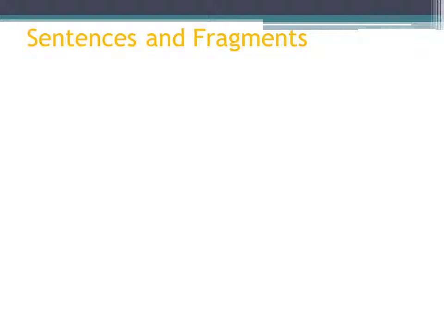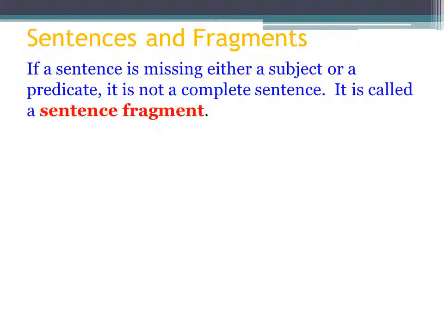So we said a few moments ago that in order for a sentence to be a sentence, it must consist of both a predicate and a subject. If it doesn't have both of those things, then what do you have? Well, if a sentence is missing either a subject or a predicate, it is not a complete sentence. In this case, it's called a sentence fragment.